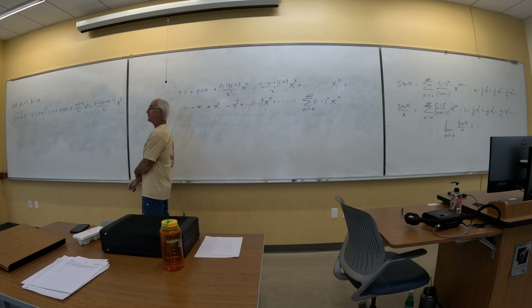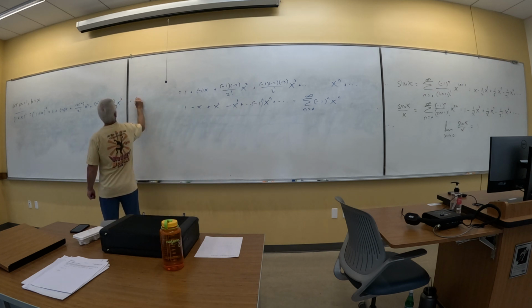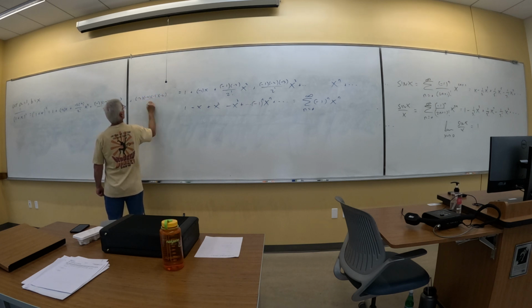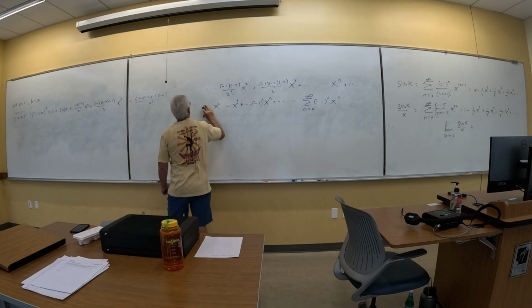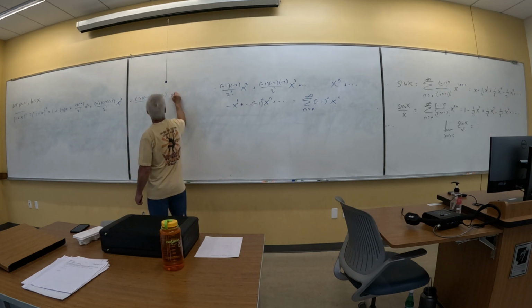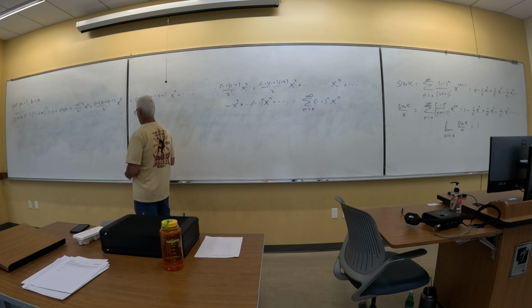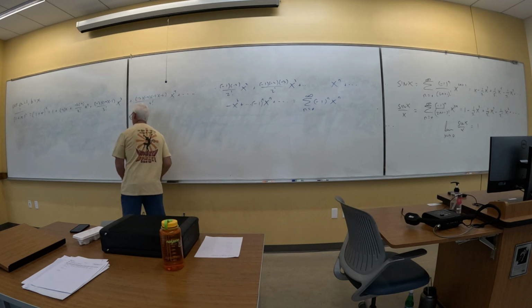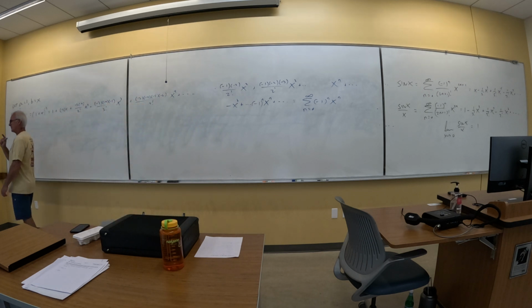Now, I can absolutely simplify all of my coefficients. I'll do one more. Negative 3, negative 4, negative 5, negative 6 over 4 factorial x to the fourth. It is absolutely correct to simplify my coefficients. The question is, should I?